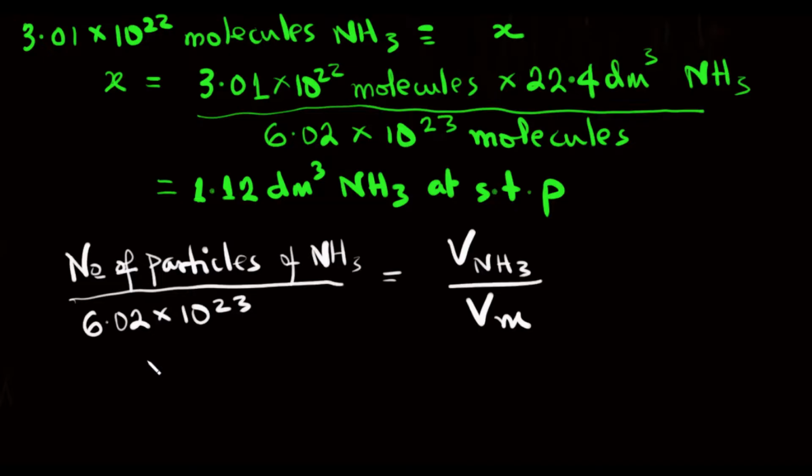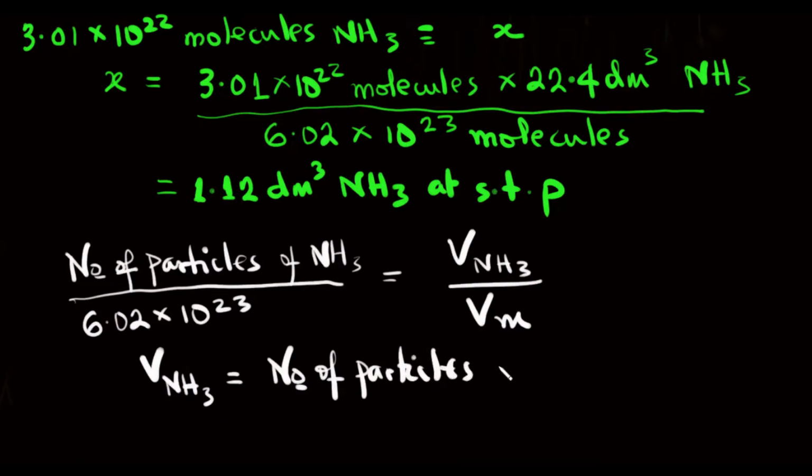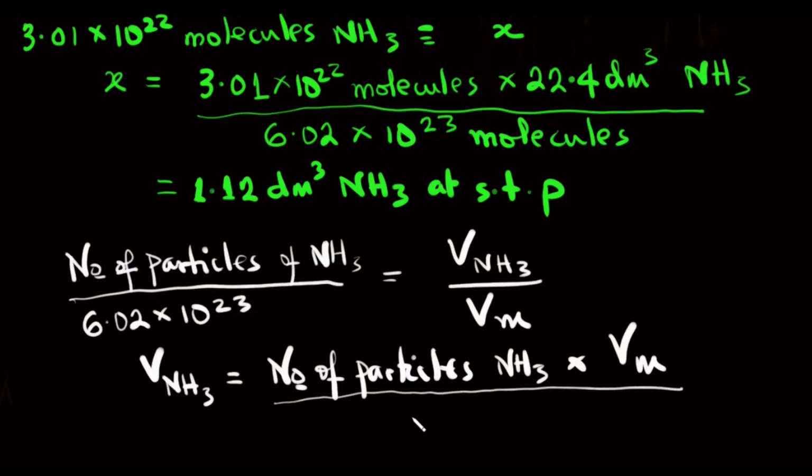So we make V, volume of ammonia, the subject of the formula. That will be number of particles of ammonia times molar volume of ammonia, divided by Avogadro's number of particles.